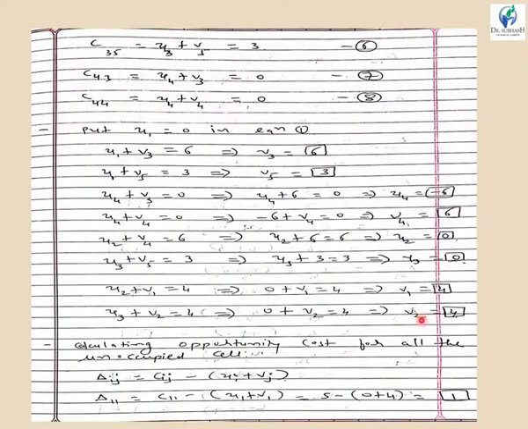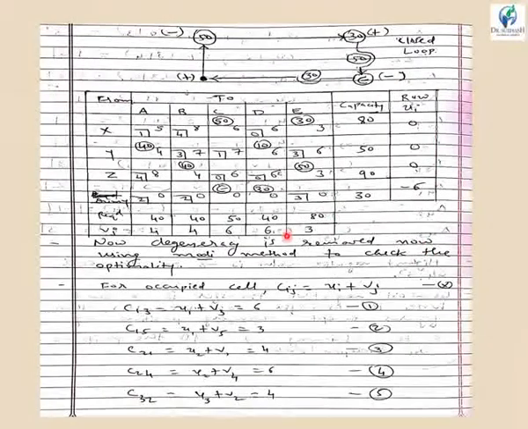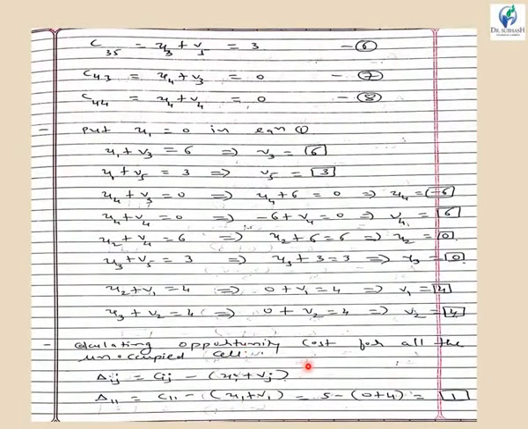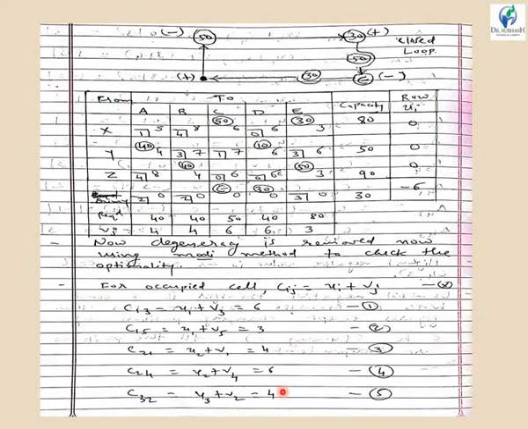All these values we have put in this table of v1, v2, v3, v4, v5 and u1, u2, u3, u4. Now calculating again the opportunity cost for all the unoccupied cells using the relationship delta ij is equal to Cij minus (ui plus vj). So for the unoccupied cells we had found the opportunity cost, and that is shown in the rectangular box.